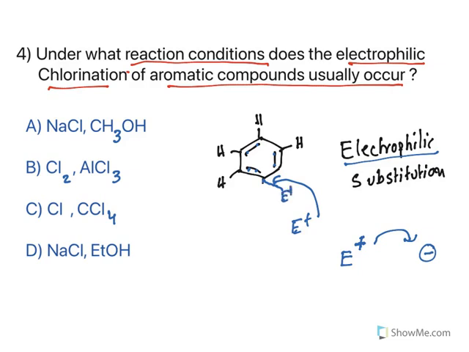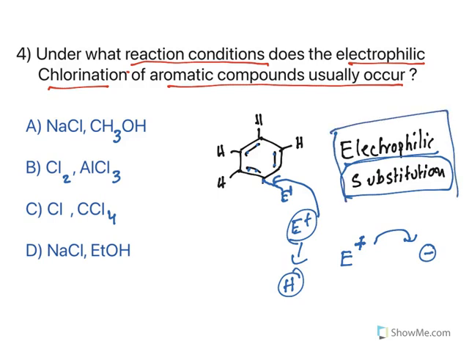See, the electrophile will get attached here. So, what has happened? This electrophile has knocked off this proton, and in that place, it has substituted. So, the substitution of hydrogen with an electrophile occurs. Hence, it is known as electrophilic substitution. These are the characteristic reactions of aromatic rings.